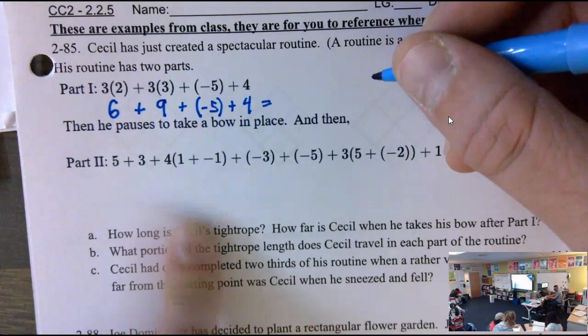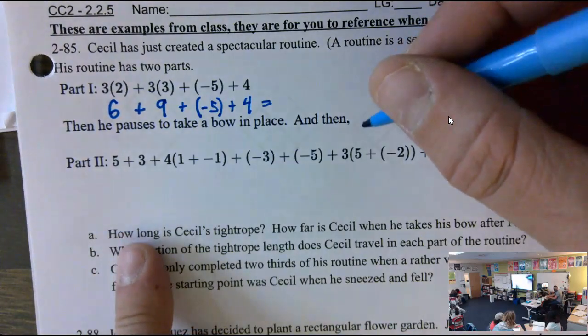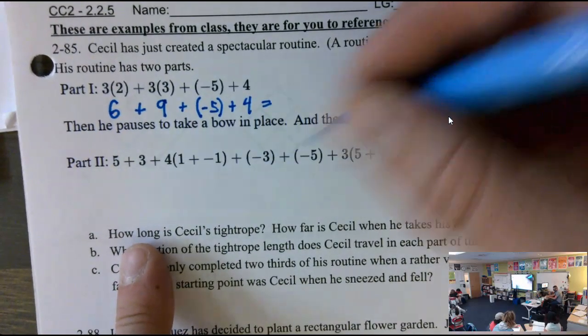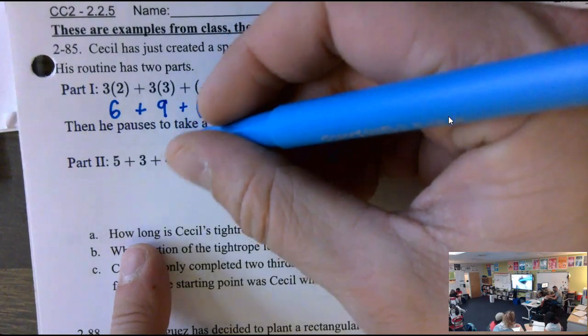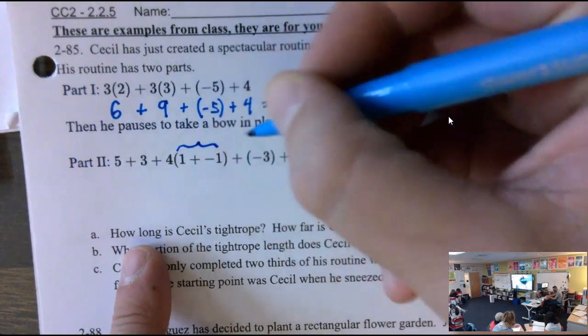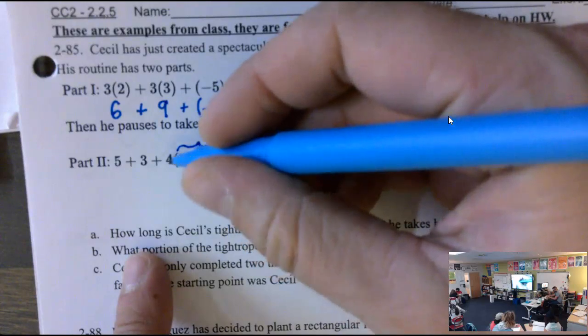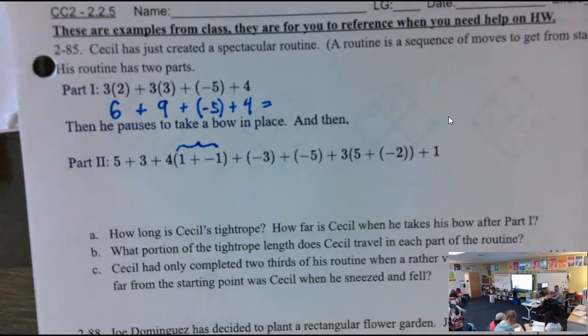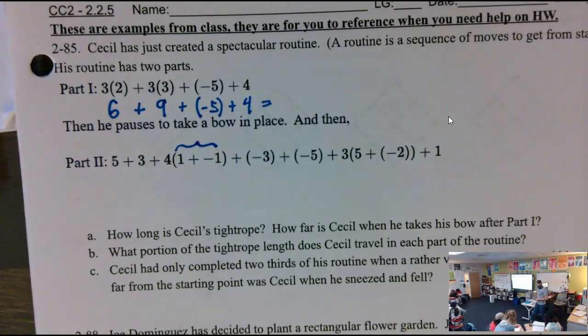Right, then go down and do part 2. Now, yesterday, we realized you could add these together first, or you could distribute the multiplication. I have an idea of what will be easier there. Keep chatting with each other.